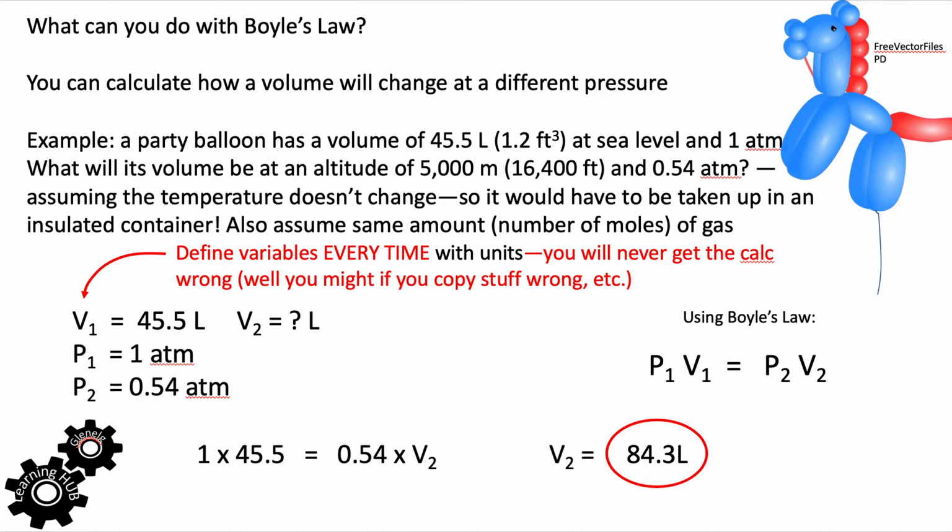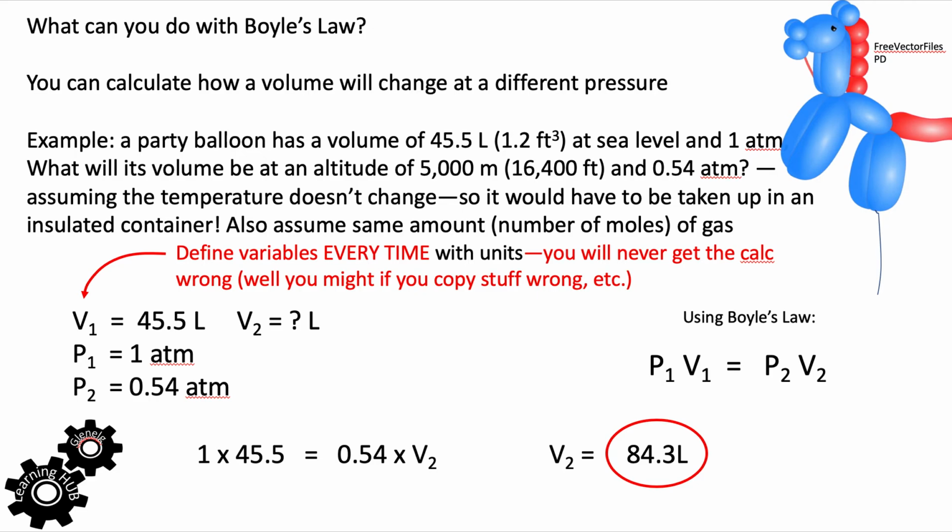And so if you use this method every time, you shouldn't get your calculations wrong. Define the variables every time with their units, and also state in terms of letters what the rule is, so you substitute them correctly. So you've got V1, P1 and P2.